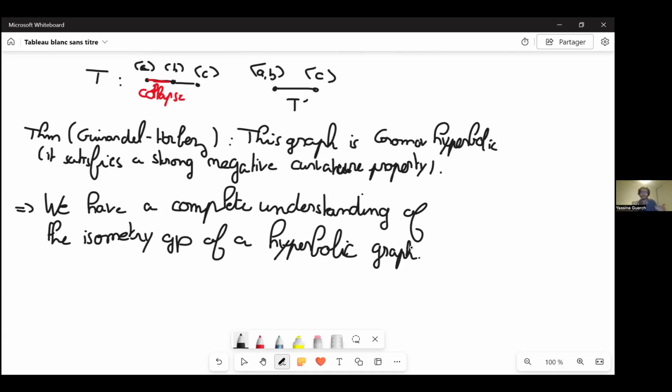So in fact, it's a theorem which is due to Gromov, which classifies all the isometries of a possible hyperbolic graph, and more generally, a Gromov hyperbolic metric space.